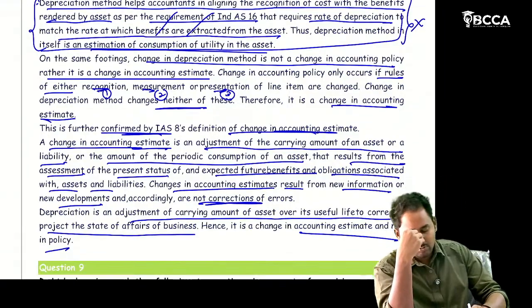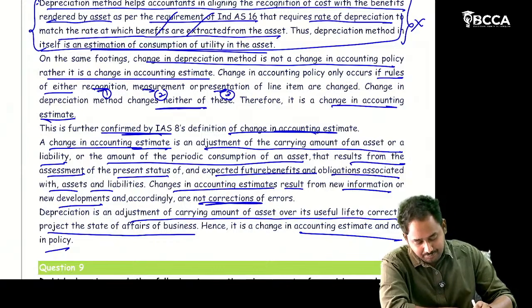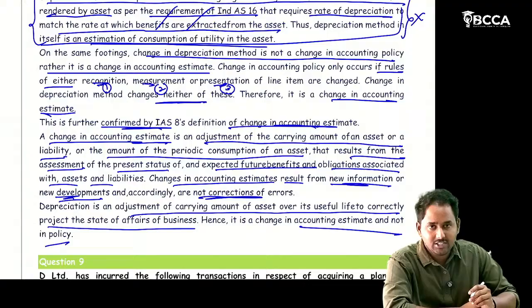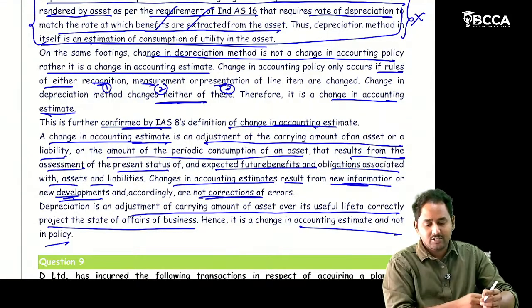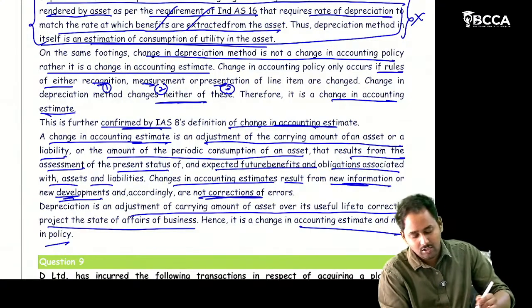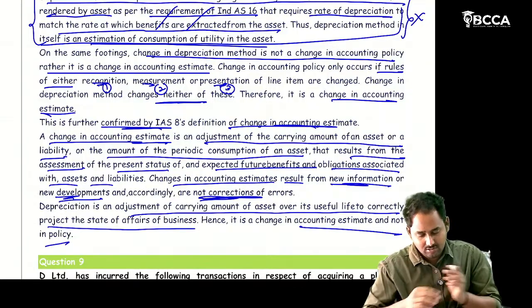But coming to what is meant by change in accounting estimate: if new information and new developments are coming, then we can say that there is a change in accounting estimate. But these changes are not a correction of errors.